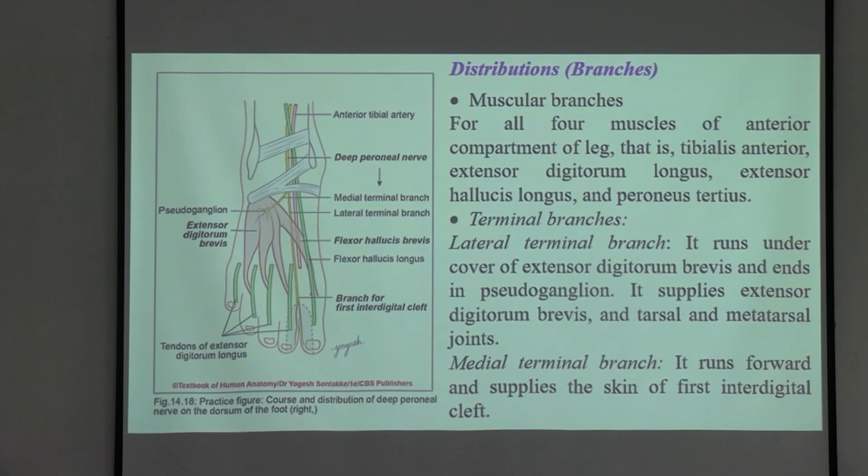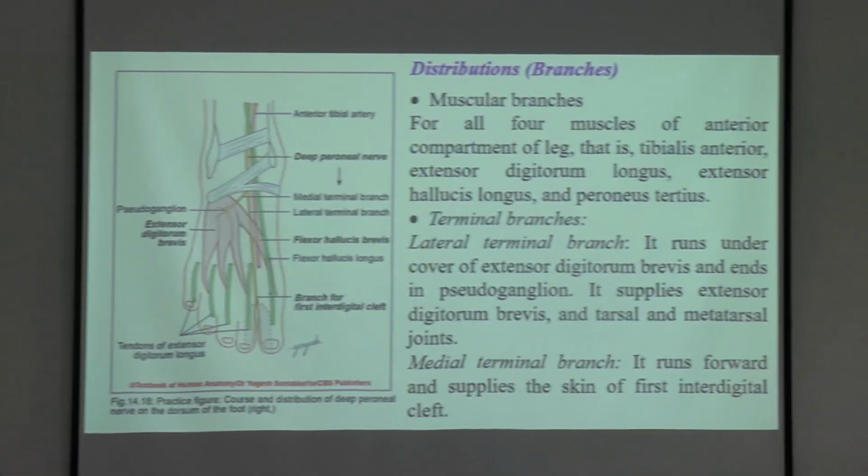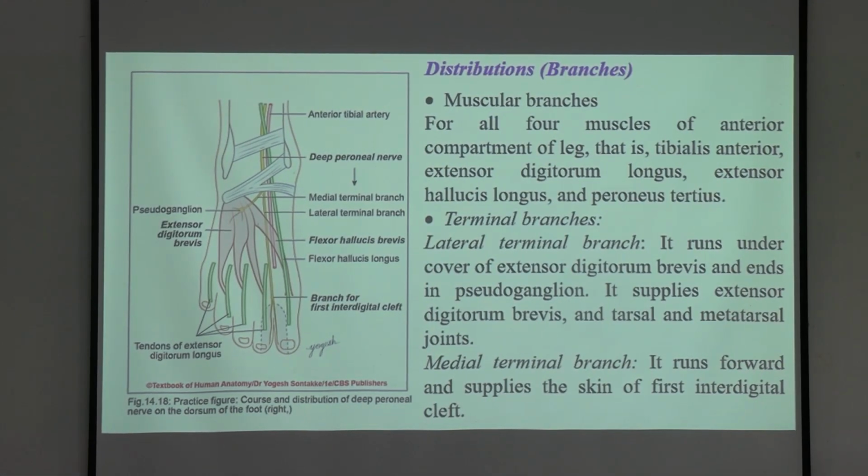Okay, so the first one is going absolutely medially, the second, third and fourth, they are attached to the lateral side of the other long tendons. Okay, that means the tendons of extensor digitorum longus.